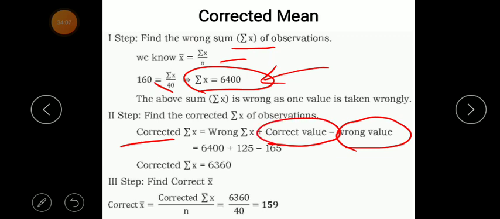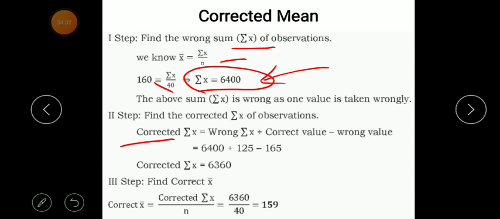It is like a shelf. Suppose 10 items are to be arranged on a shelf, and you have kept one book wrong. You have to take out that wrong book and replace it with the correct book. So take out the wrong value and add the correct value. This is what you have to do to find the corrected total.